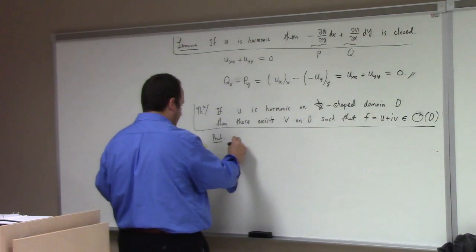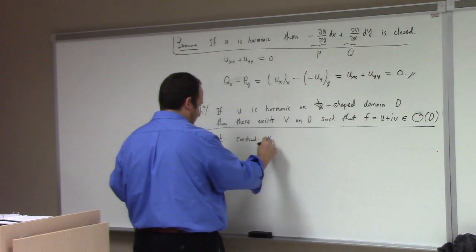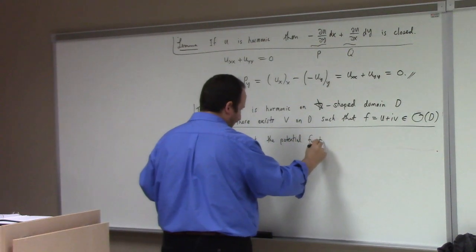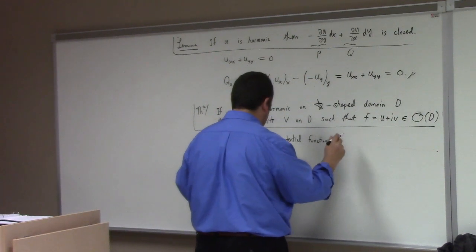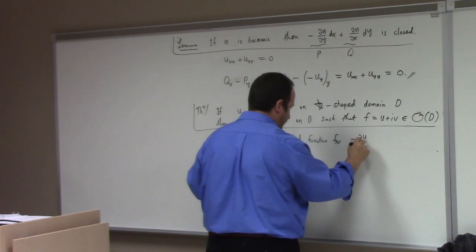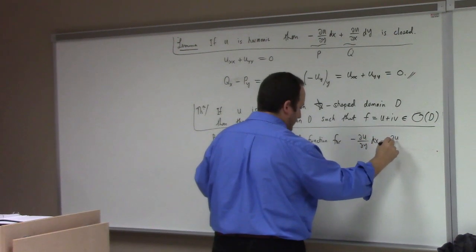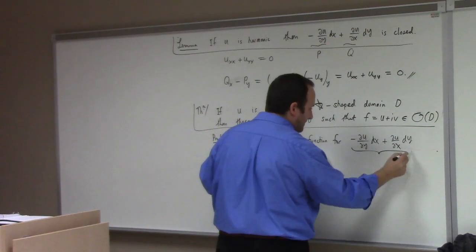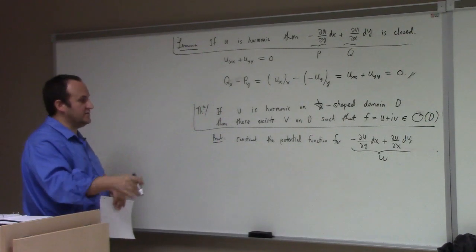It says basically construct the potential function for minus partial u, partial y, dx, plus partial u, partial x dy. Now, why can we do that? Let me call this thing omega. We have that omega is a closed form, right, by the lemma.